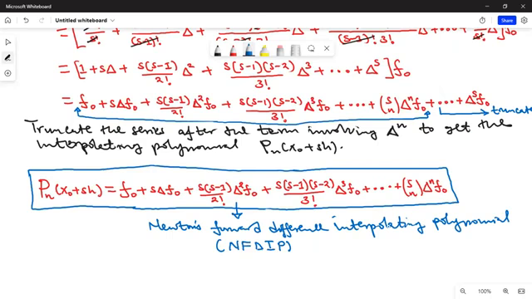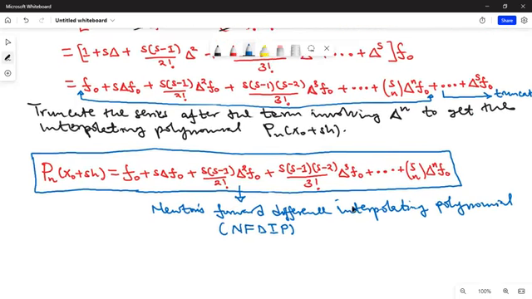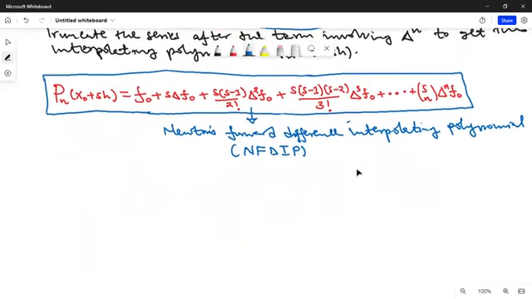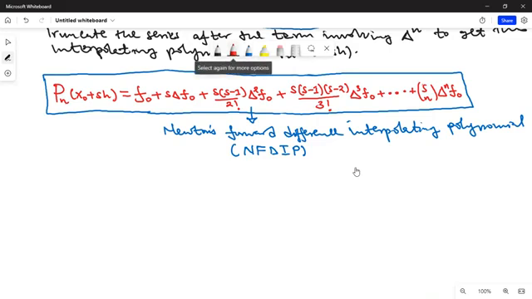So you can be asked to find the truncation error involved in this approximation. It's very important. Let me write in another color, truncation error.